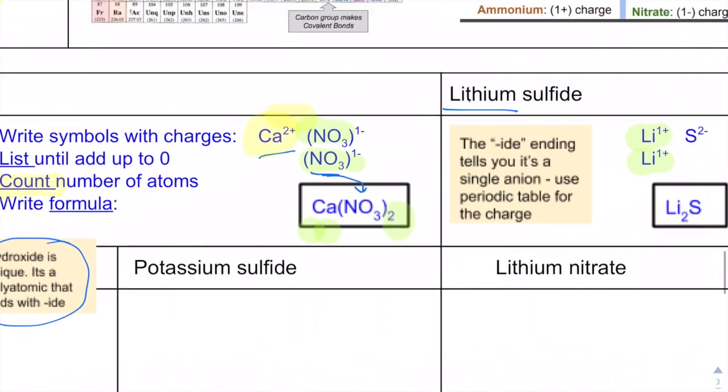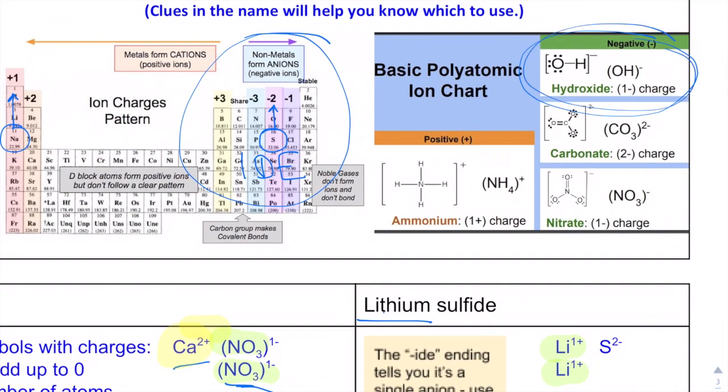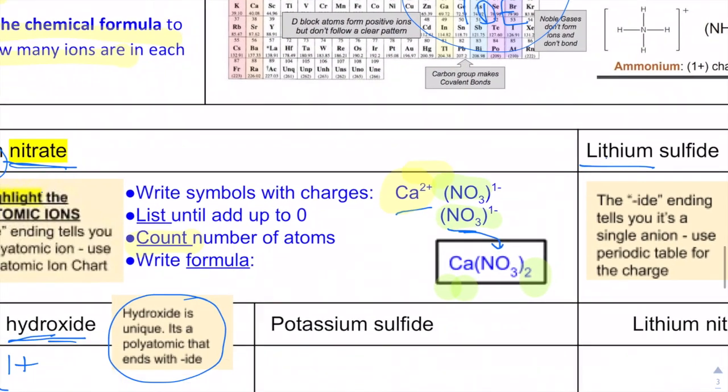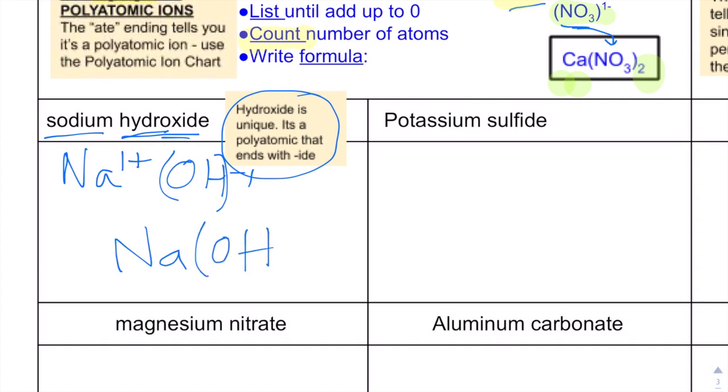And then hydroxide is this one, OH -1. I'm going to write it just like I see it here. +1 -1, they do add up to 0. And so I'm going to write NaOH. And that's it.